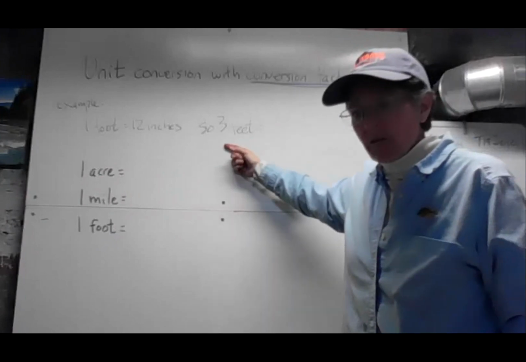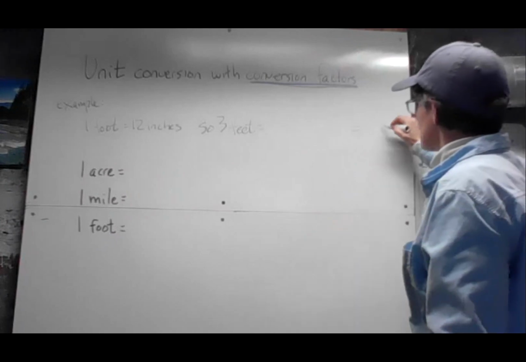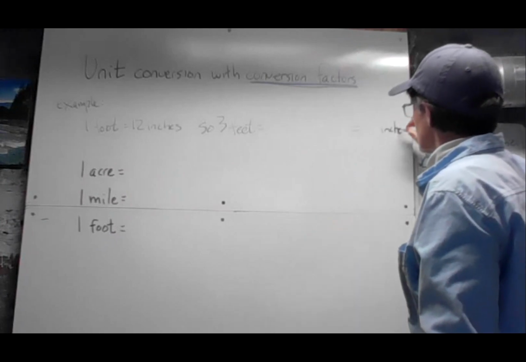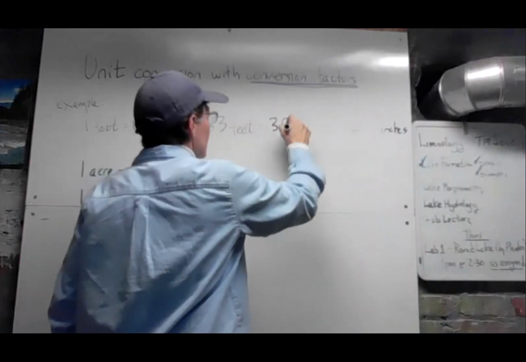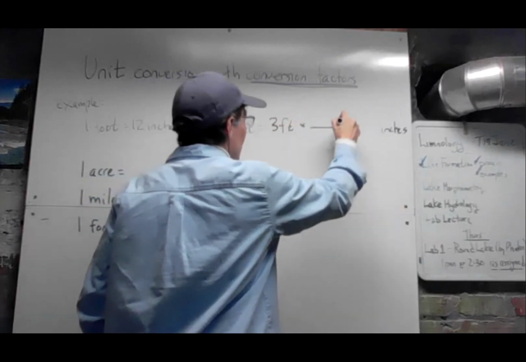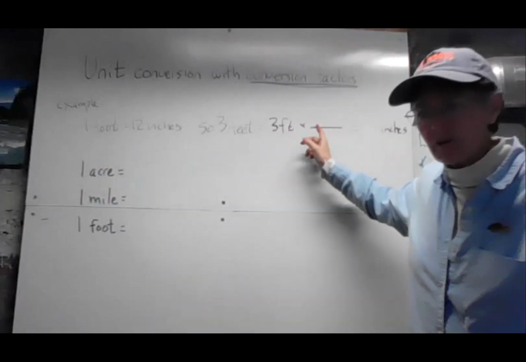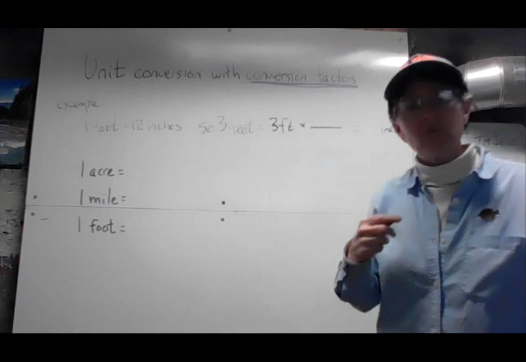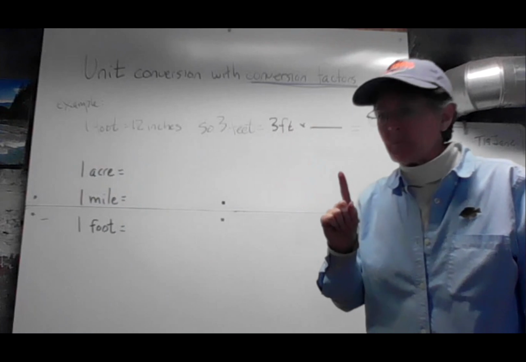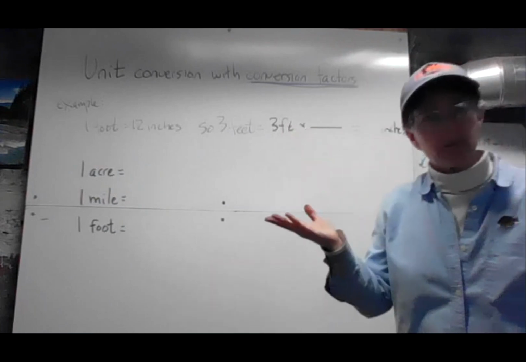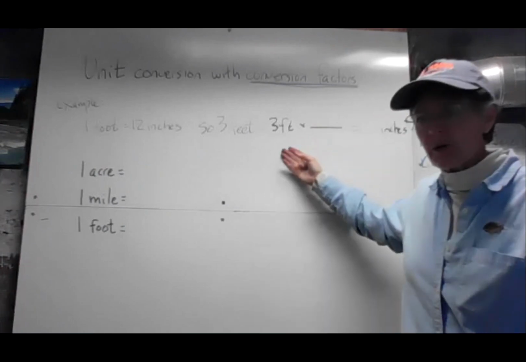So let's say that we have 3 feet and we want to convert that to inches. We take 3 feet and multiply it by a conversion factor. A conversion factor is a term whose value is 1. If you were going to multiply by something bigger than 1, you'd end up with a product that's bigger than what you started with.